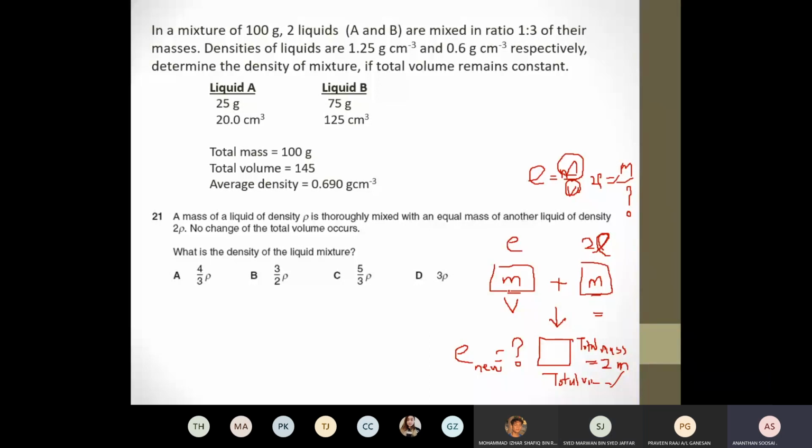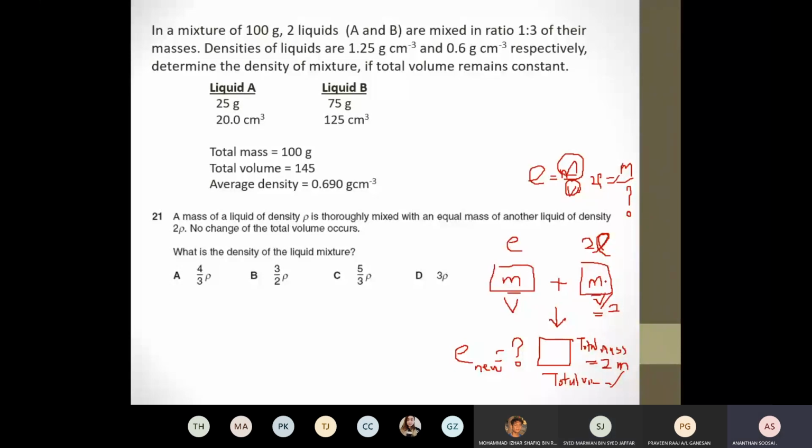Which is denser? This second one is denser one. Denser means volume should be less. How much? To get 2 rho, 2 times of the rho, should be half V. Right. M over V is rho.